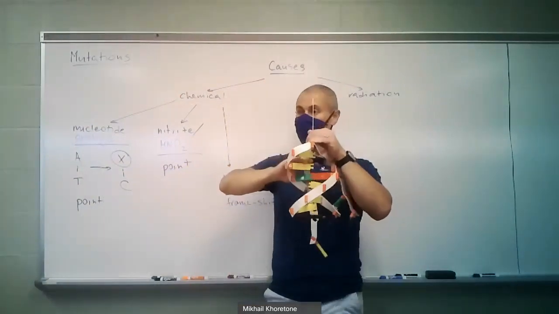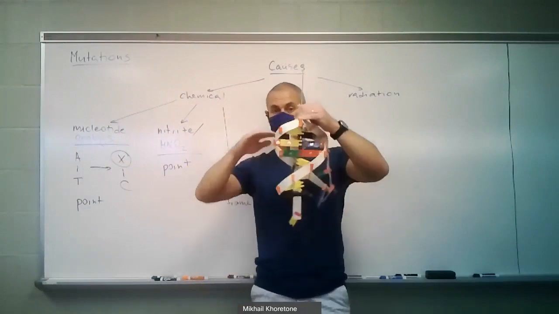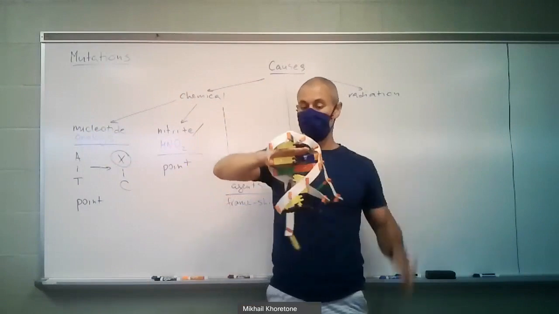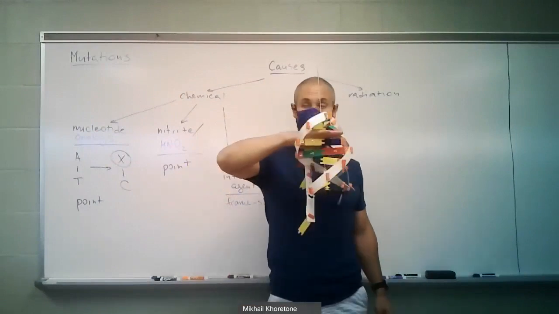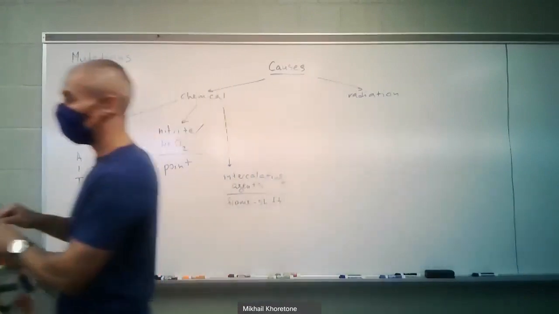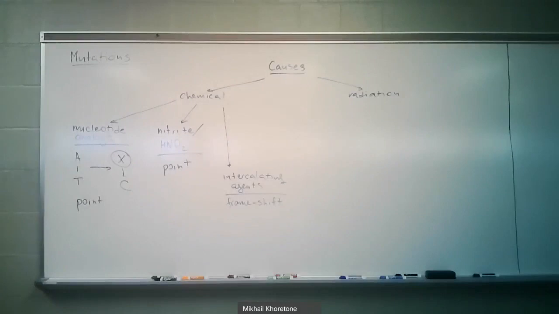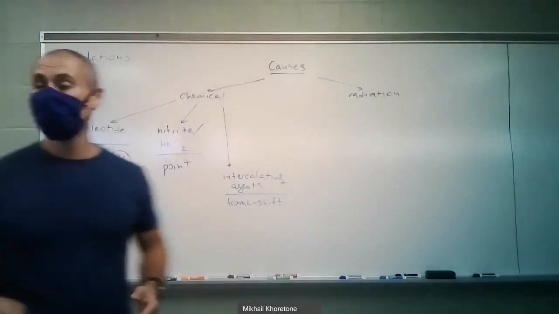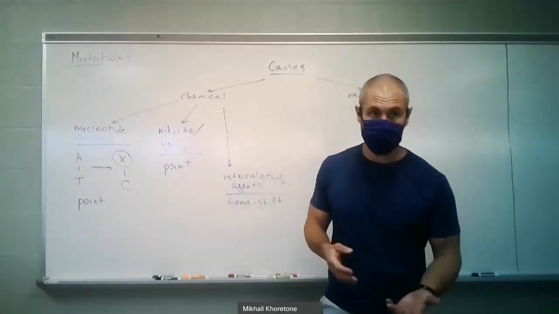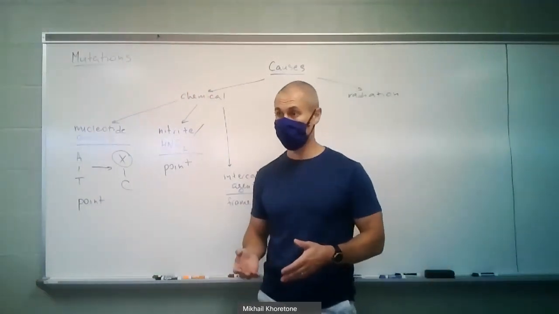Can you see that? Few pairs. So what intercalating agents do, they incorporate themselves between the pairs. Got it? That changes the structure of the DNA molecule considerably. And when this DNA molecule becomes copied, that leads to either insertions or deletions.